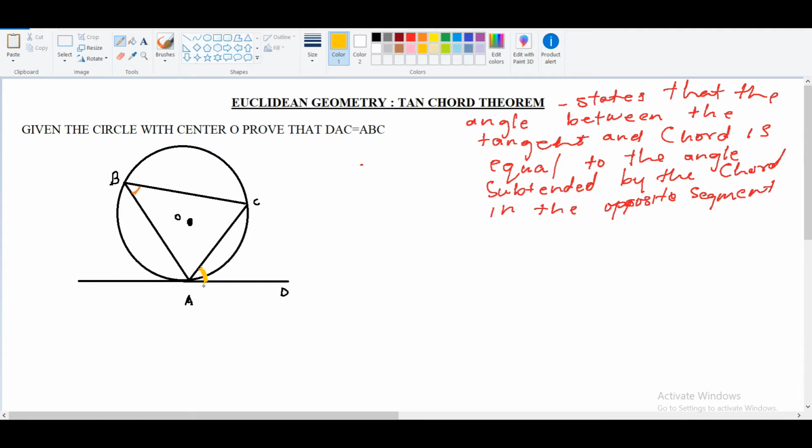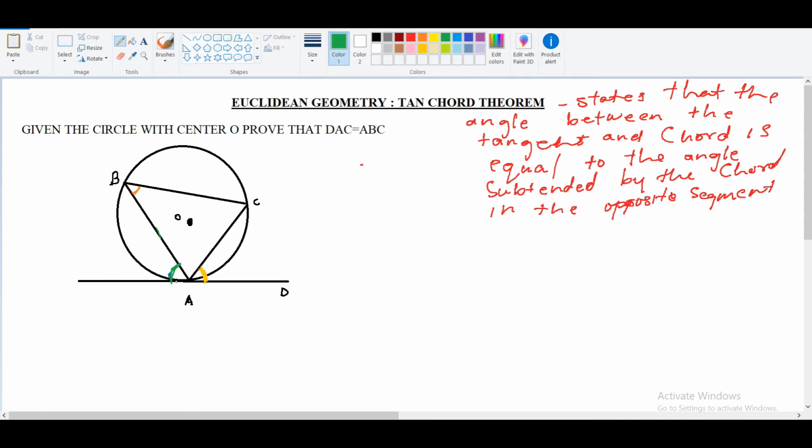So don't say this angle is equal to that, no, right? This angle is equal to that one, because this angle is opposite and is subtended by the chord and the tangent. If we continue and look at this one, you see this line is also a chord and that is a tangent, so they create an angle.